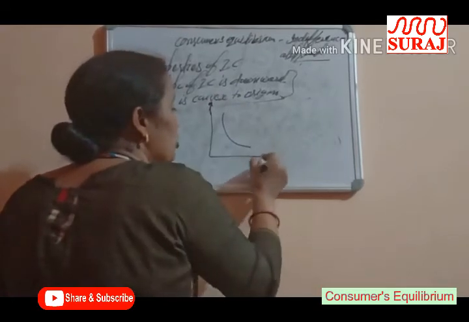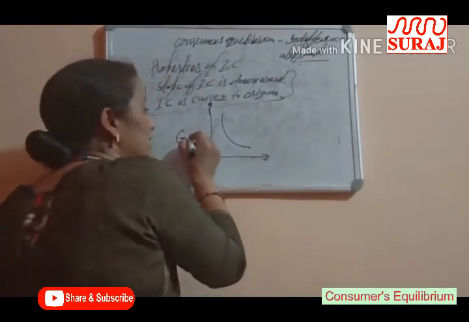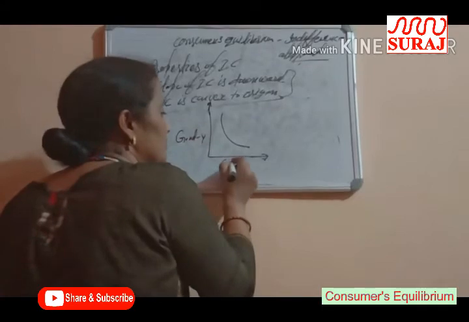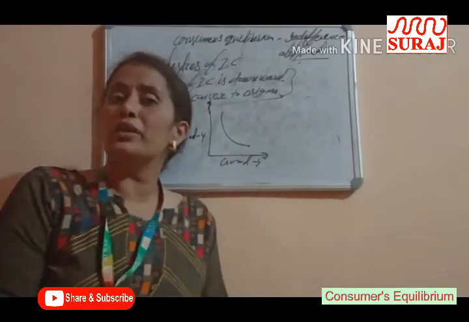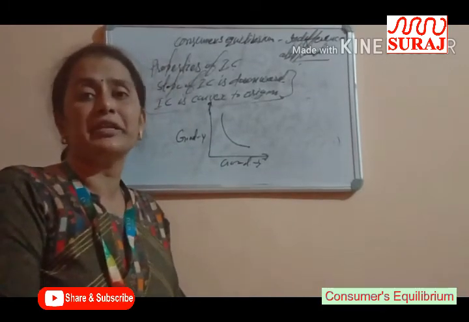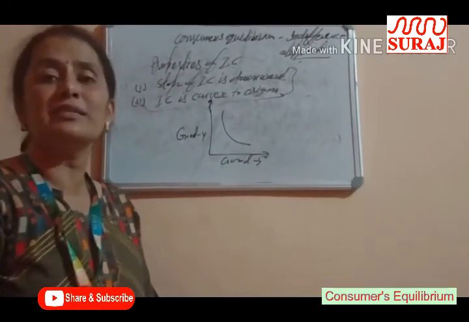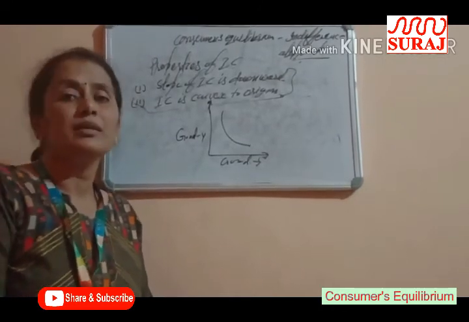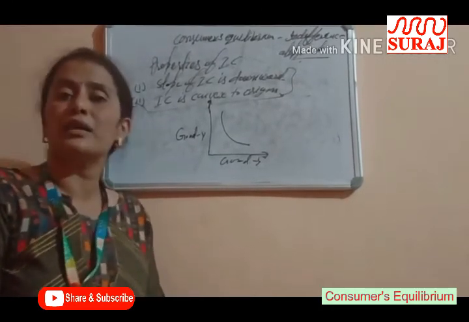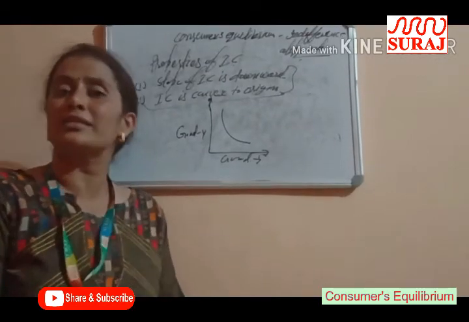The slope of IC is downward because it shows the negative relationship between good X and good Y. If the consumer wants to increase the consumption of one commodity, then he sacrifices some units of another commodity. It means the consumer cannot increase the consumption of both commodities at the same time.